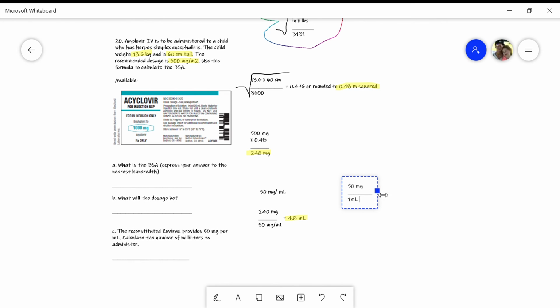And we want to find out, I'm actually going to put it backwards since that's kind of how we did the other one to make it a little more simple. And we need 240 milligrams. And how many milliliters do we need to get that 240 milligrams?